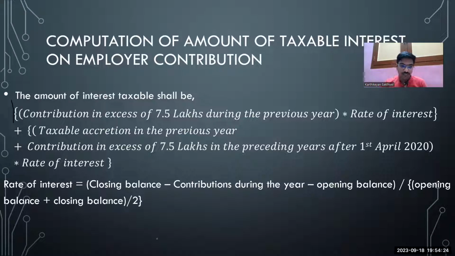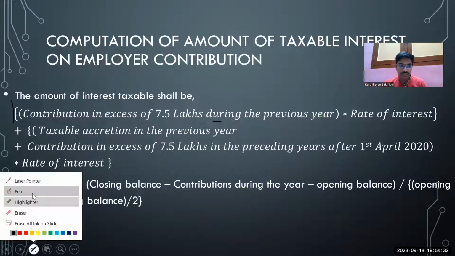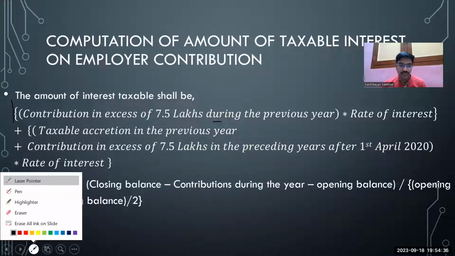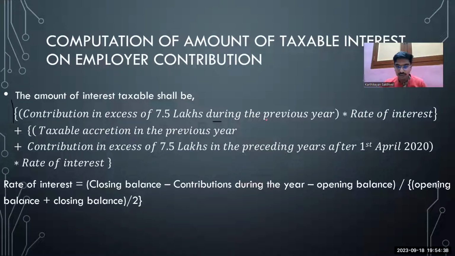ஒரே ஒரு word of caution இஸ் தட், see, whatever is in relation to 7.5 lakhs, more than 7.5 lakhs, that will be coming under the first point. ஓகேவா? அதை நீ திரும்ப இங்க இன்க்ளூட் பண்ண வேண்டாம், செகண்ட் பாயிண்ட் வரைக்கும். So the word used here is previous year, இங்க preceding yearsனு கொடுத்திருக்கும்.